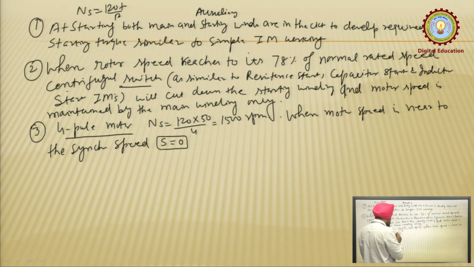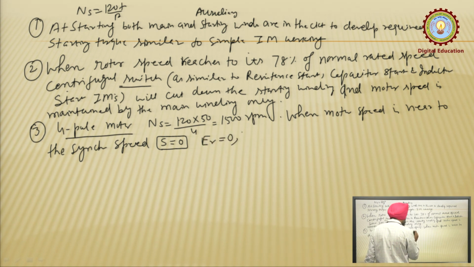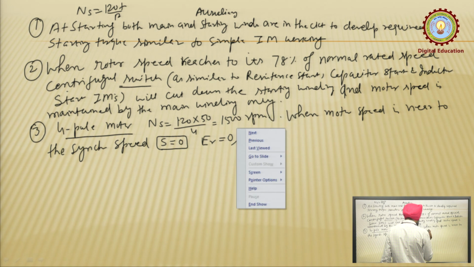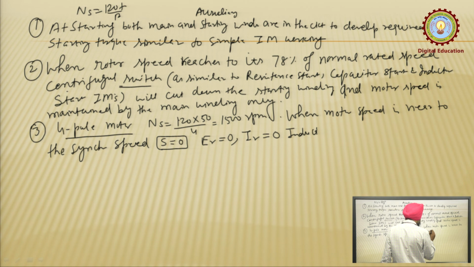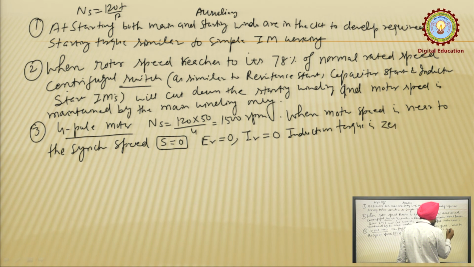Now, if slip is 0, rotor induced voltage is 0, rotor induced current IR is 0, then induction torque is 0.